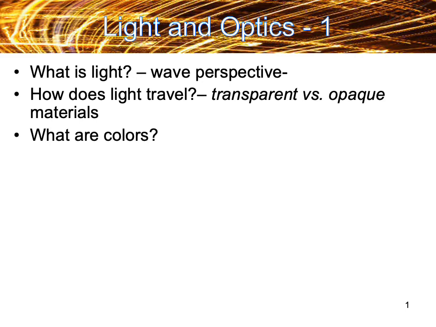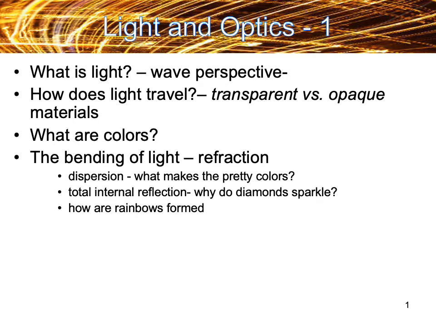There's a smooth transition between the previous section and today's lecture. We're also going to look at the properties of light, such as transparency, colors, and various other phenomena associated with the light, especially the refraction.